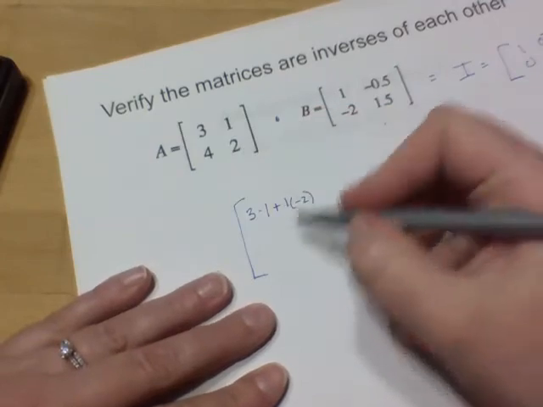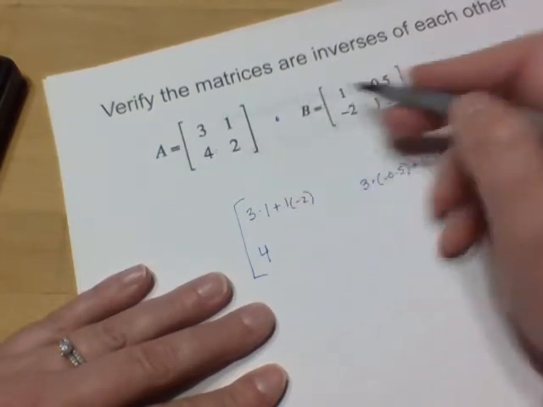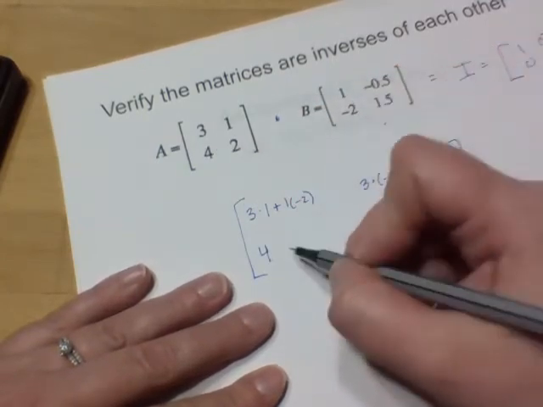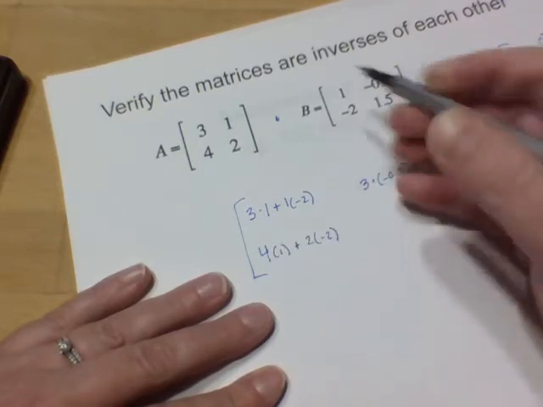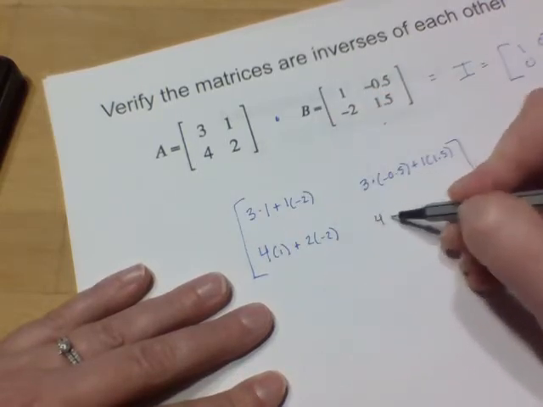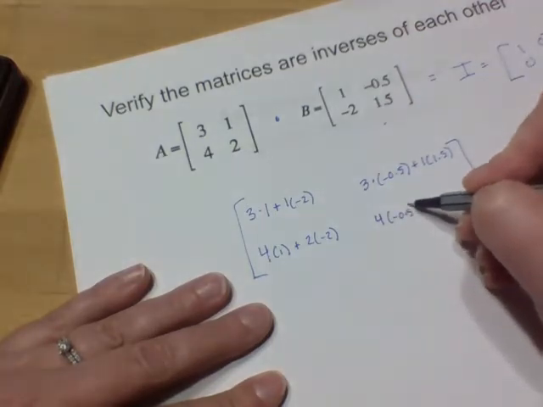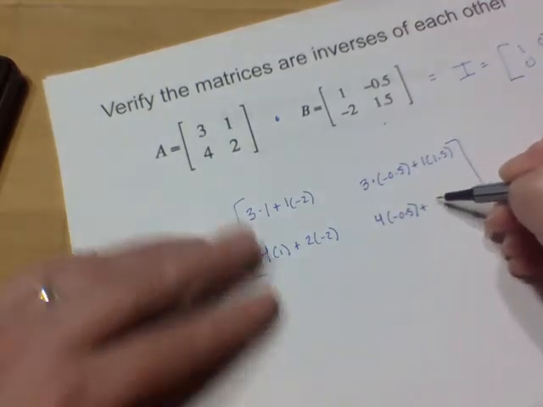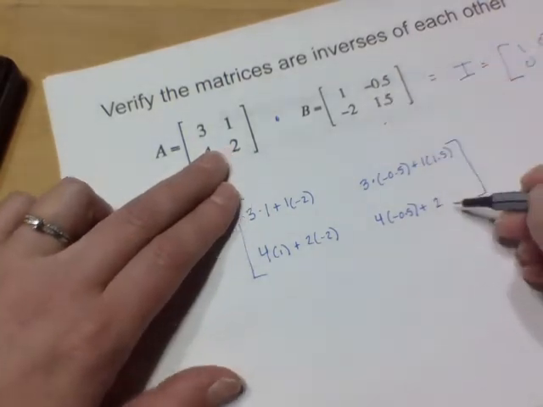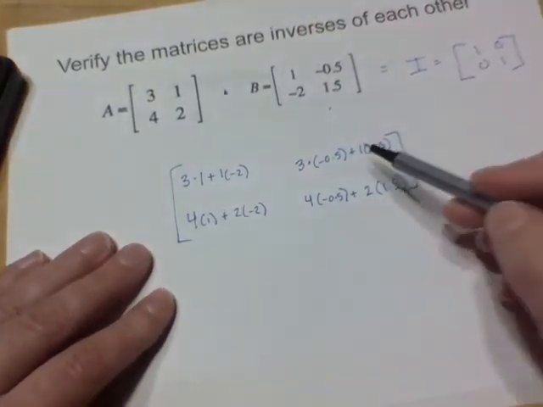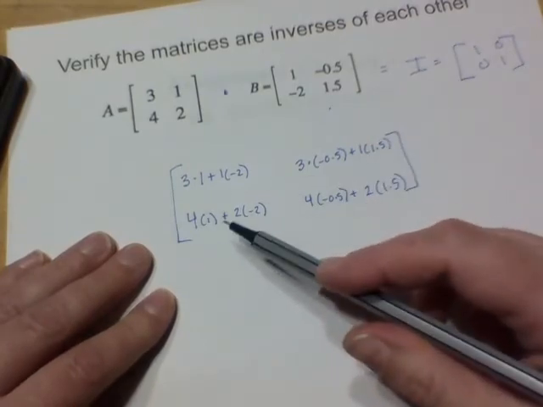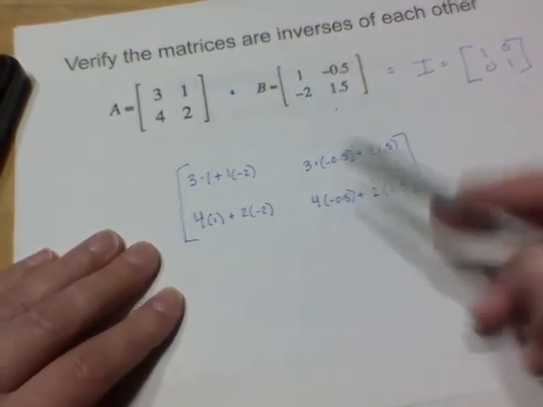And then we'll have 4 and 2, which will multiply by this column. So 4 times 1 plus 2 times negative 2. And then the last one is going to be 4 times negative 0.5 plus 2 times our last digit over here, 1.5. So hopefully, again, these are 0 once you add them, and then these are going to be 1s.